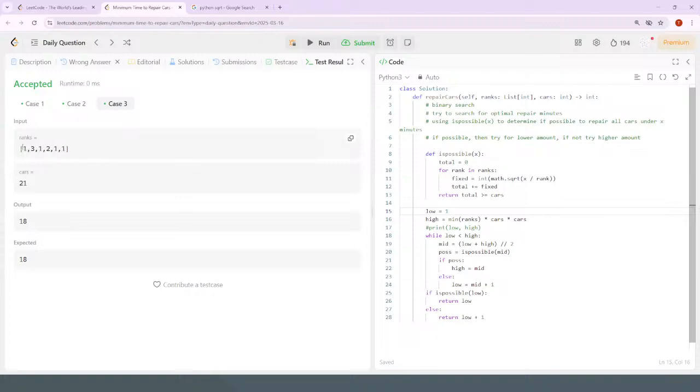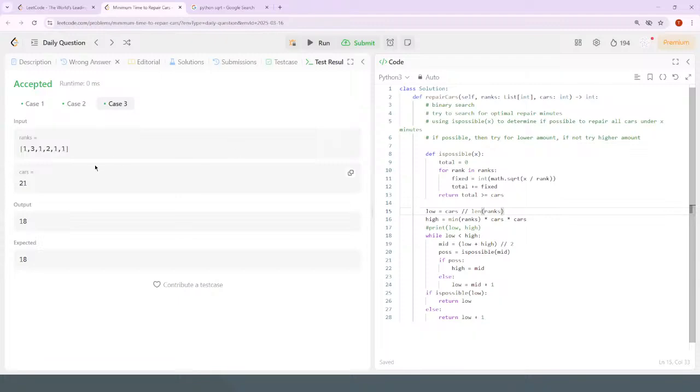Can I do the low has to be at least the number of cars divided by the number of persons? Like let's say on average each person needs to do 3 cars. Then there's no way that each person needs to do at least 3 cars.